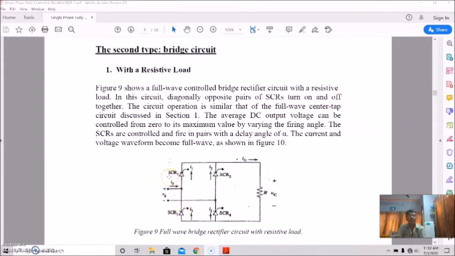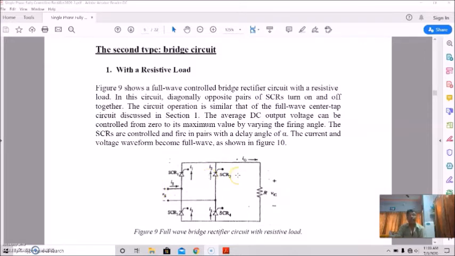The circuit operation is similar to that of the full wave center tap circuit, which we discussed in our last class. The average DC output voltage can be controlled from 0 to its maximum value by varying the firing angle. The SCRs are controlled and fired in pairs with a delay angle of alpha.